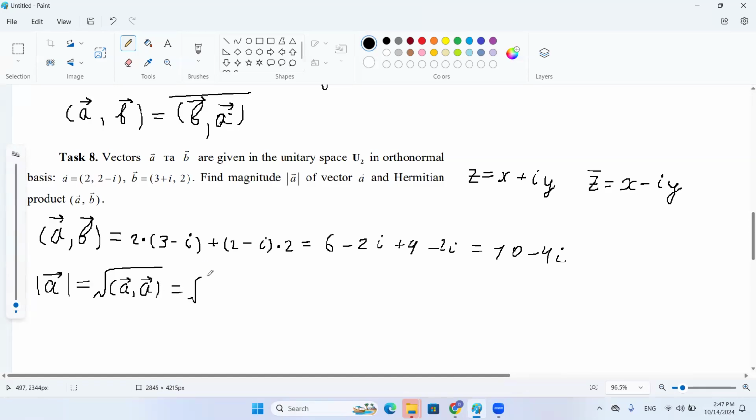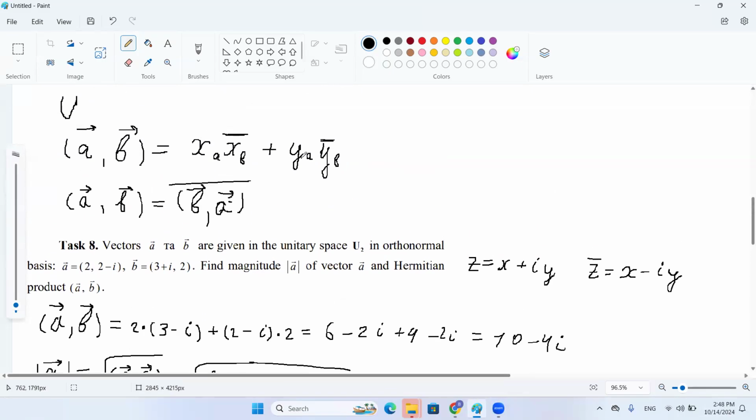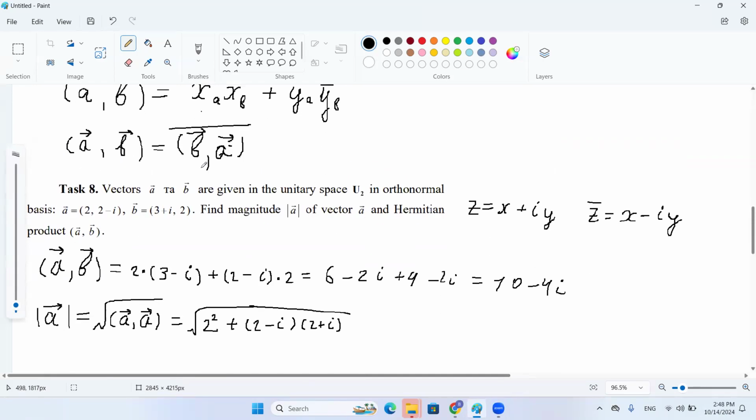And of course, we do as we did before. So 2 by 2, because complex conjugate, plus 2 minus I multiplied by 2 plus I, because here we have an imaginary part, according to this rule.